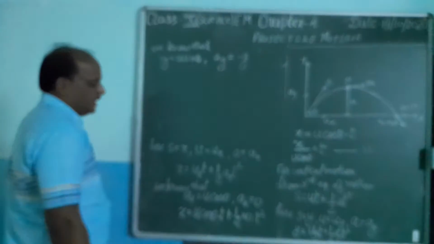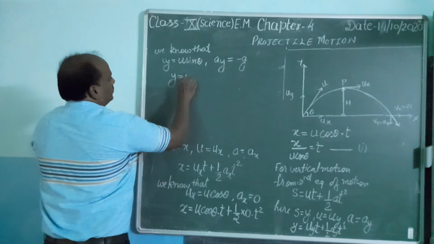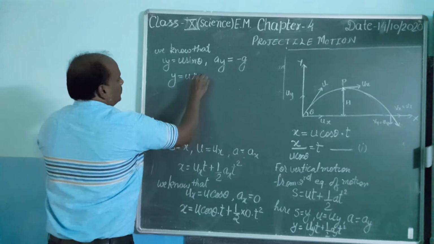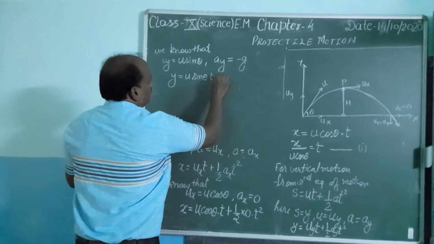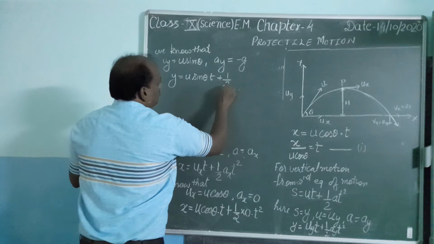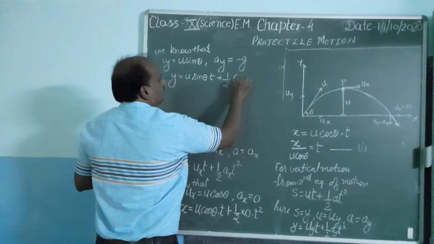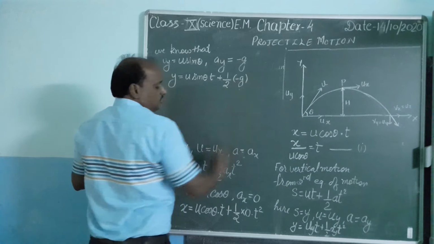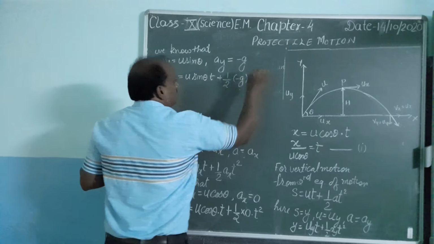So we substitute the values. We get y equals u sin theta into t plus 1 by 2 into minus g into t square.